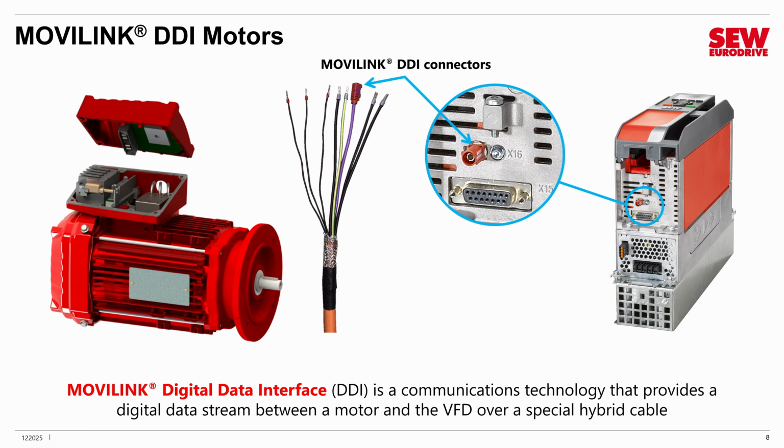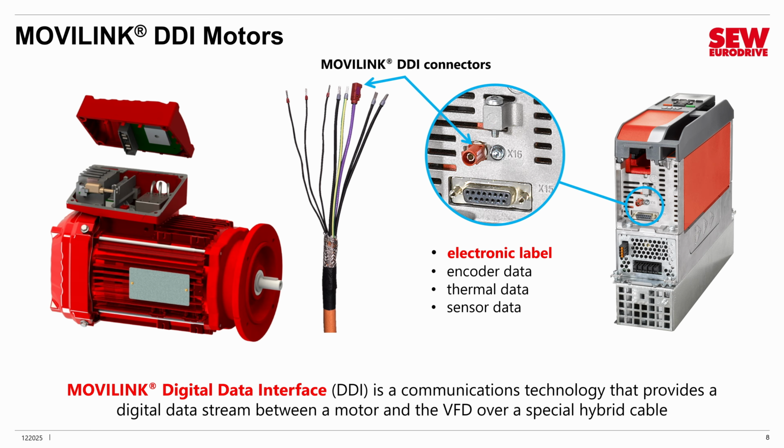Many of the MOVI-C VFDs include that, and it carries a lot of information in that digital data stream. For example, it can carry an electronic label that allows the motor to provide its specifications directly to the VFD. It includes encoder data. Encoders are feedback devices that give speed and position information about the motor. If you have a MOVILINK DDI encoder, it will communicate through that data stream too.